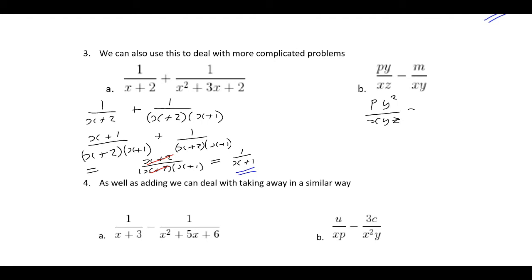I'm taking away 5 times the right hand side by z, mz over xyz. Now this question actually has a minus sign in it, but as you'll see in the next step, we're not really going to be dealing with that minus sign at this level, because we get py squared minus mz all over xyz.